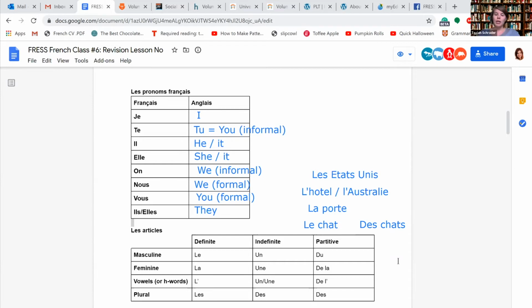Then you get to partitives, which basically say that the object is part of something. So you might have heard things like, let's see, what's a good example?